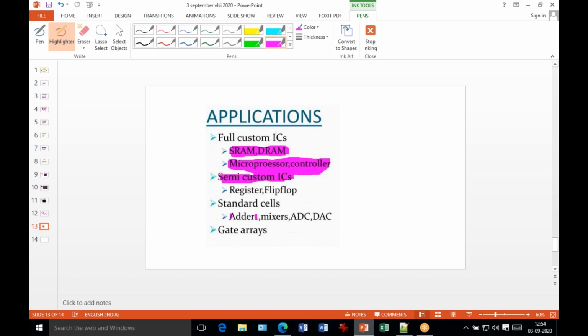And one more thing, ADC, analog to digital, and similarly digital to analog converters. So these are the applications of bipolar transistors. So this is a small thing. This is a large scale.